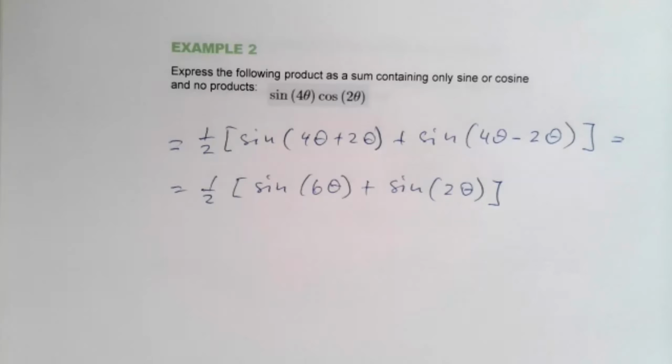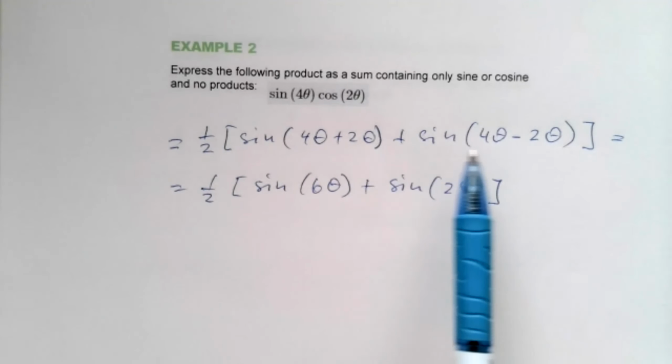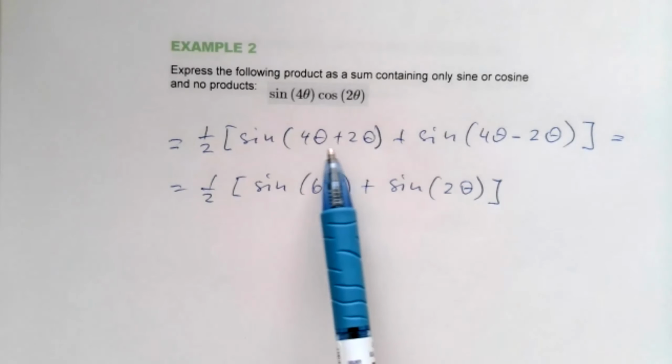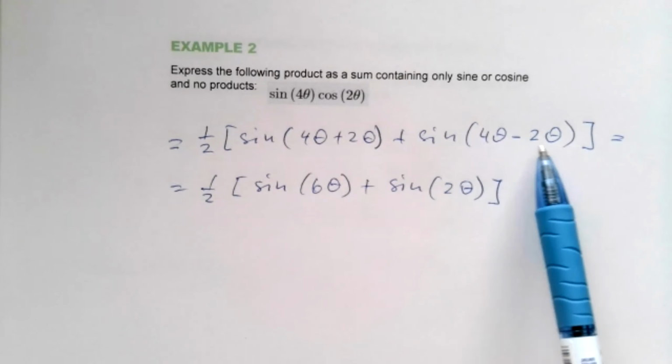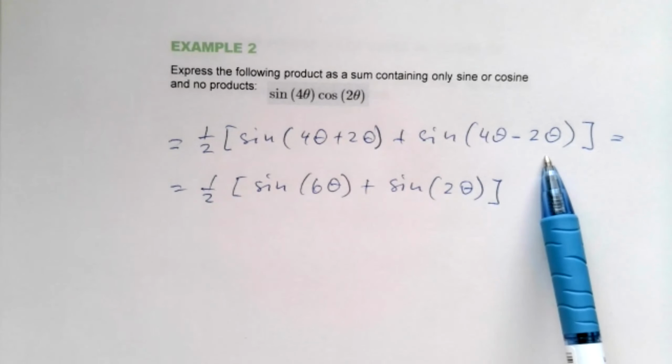And here I would like to draw your attention to one question that may arise. Does it matter which angle we are subtracting from which angle? Is it 4 theta, for example, minus 2 theta, or is it 2 theta minus 4 theta? And the answer is yes, it makes a difference.